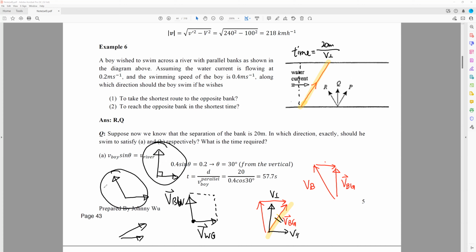Because when you add these two vectors together, the vertical component will just be the vertical component of the VBW. So you need the VBW to be perpendicular, then it will give you the largest perpendicular component. In that case, the time will just be 20 divided by 0.4. It gives you 50 seconds.